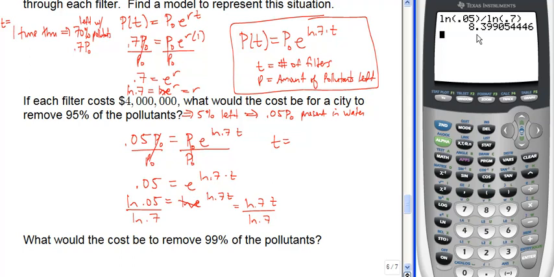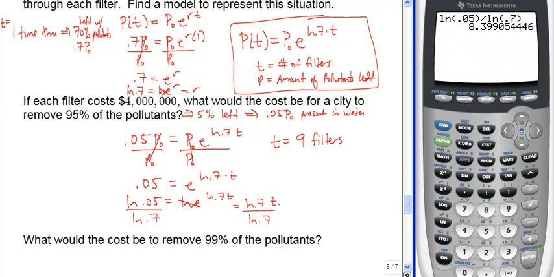So I'm going to round here a little bit. This is going to give me 8.399. So if we round that off to maybe 9 full filters to guarantee that we're at least 95% clean. If we only used 8 filters, then we wouldn't quite be at that 95% mark. So we're going to need at least 9 filters to be at 95%.